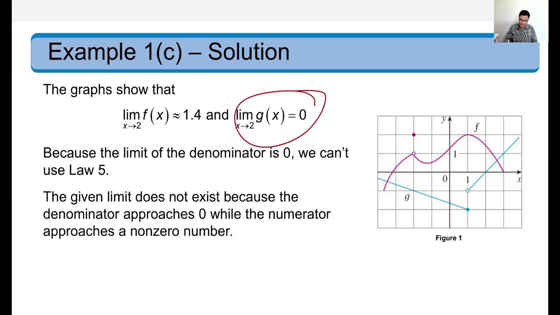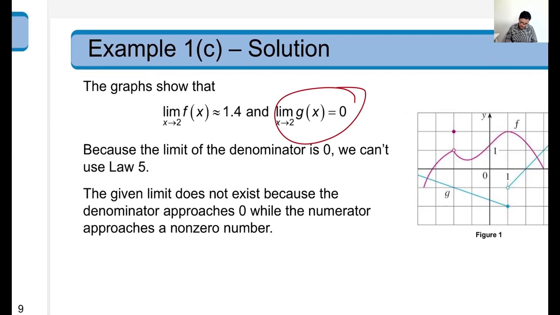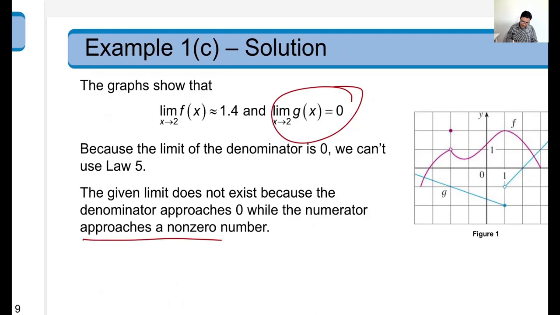Here that is 0, so the limit. The numerator is a non-zero number, but the denominator is 0. Which reminds me, I earlier made a statement that you shouldn't worry about f(x). Now I should say, no, that was a mistake.